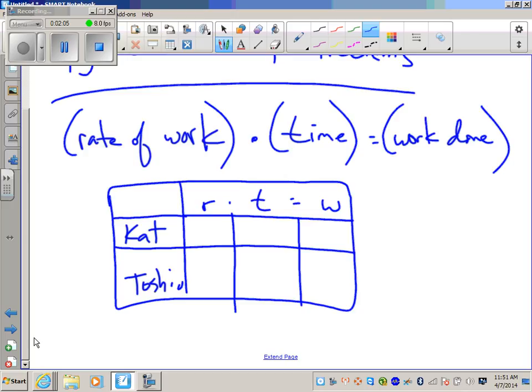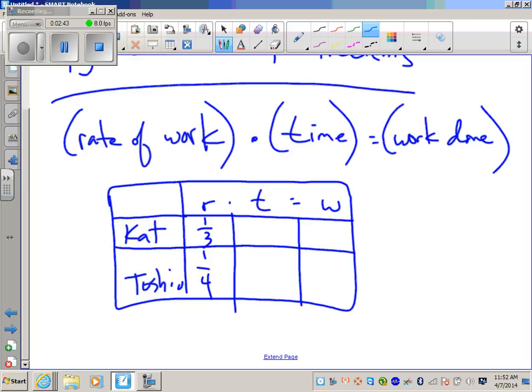Rates times time equals work done. If Katina can finish in 3 hours, her rate is going to be 1/3 of a room per hour. Remember how we measure rates? Usually like per something. So if she worked at that rate, she would finish one job in that 3 hours. If hers is 1/3, what's his? I'm assuming it's a guy. 1/4.